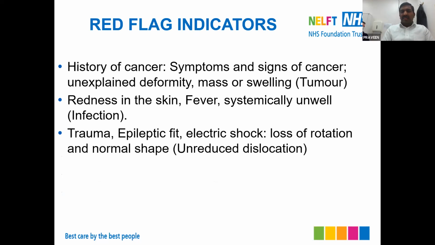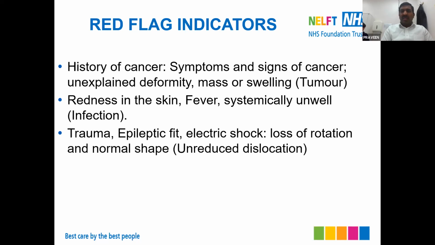Now, red flag indicators: most of you who work in GP practices will probably have extensive access to patients' history. And this will be based on your history, symptoms, and signs of previous cancer, any unexplained deformity, or a mass or swelling to indicate a tumor. The other red flag symptoms could be systemic infection, where there is any redness around the area.